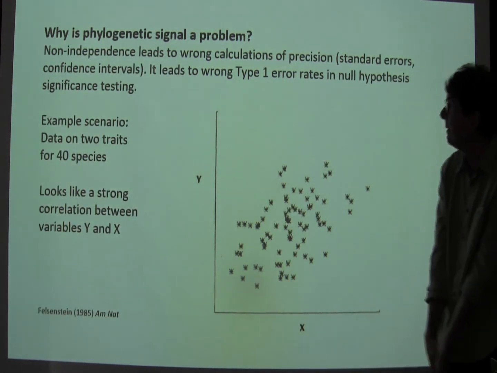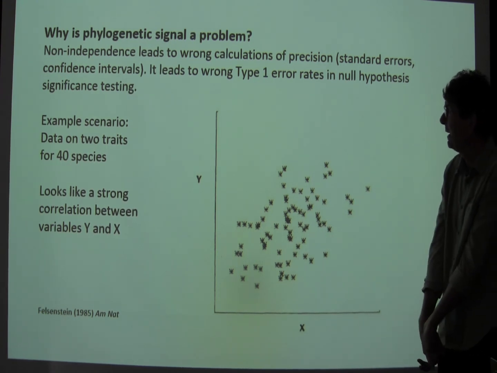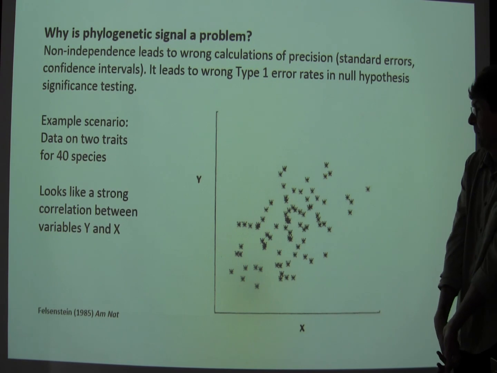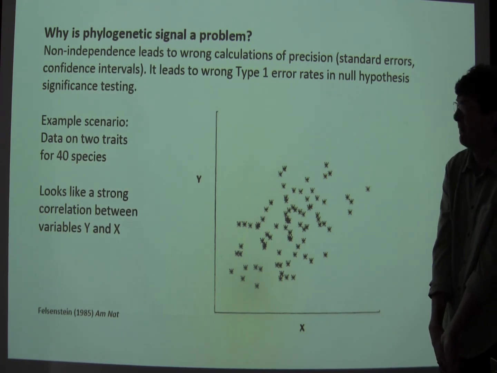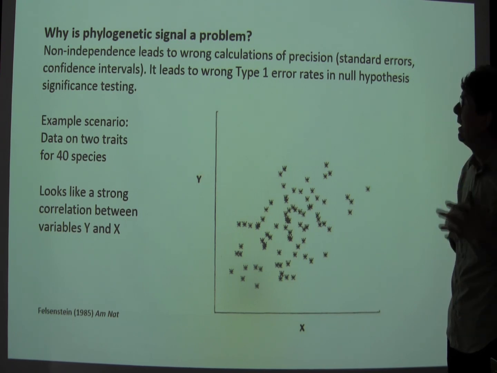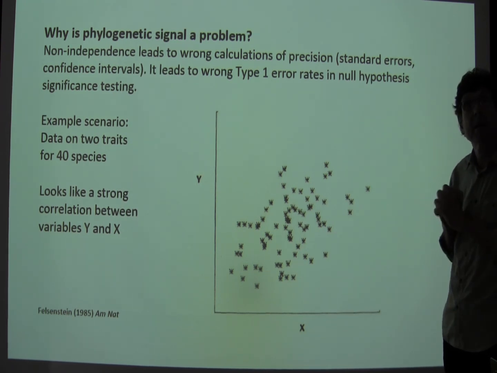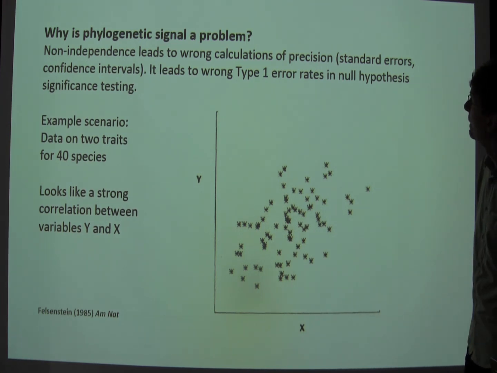So why is phylogenetic signal a problem? Here's a graph from Felsenstein, 1985, a paper published in the American Naturalist, and as far as I know, remains the single most cited paper ever published in the American Naturalist. I can't remember who told me this.